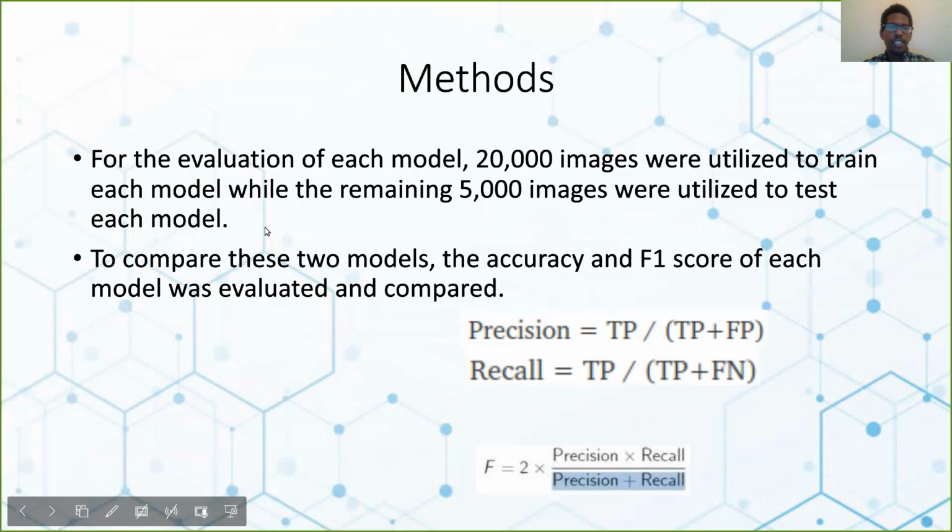In the evaluation of the capabilities of each model to be utilized as a means of prediction of cell types, 20,000 images were utilized to train each model, while 5,000 images were utilized to test each model. For the comparison of these two models, the accuracy and F1 score was then evaluated and prepared.